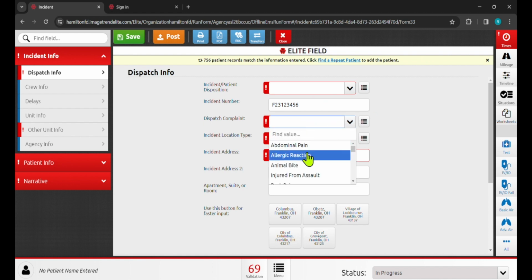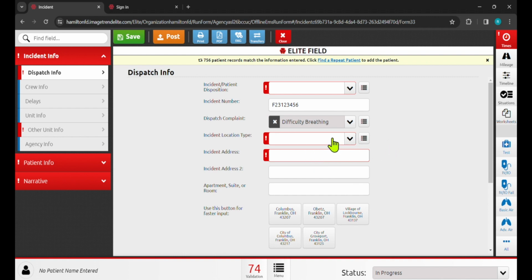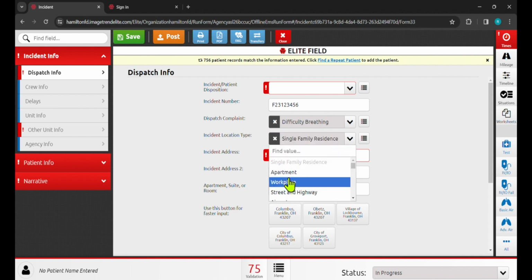The dispatch complaint, obviously you know what you were dispatched on. Location type, if you know this on the way, which most of the time you do. Single family residence, you have options of workplace, apartment, if it's on the street, if an auto accident, different things. Then we've also put in some things that are, I don't want to say not common, but they are unique to our area, and we wanted to make sure we have them.